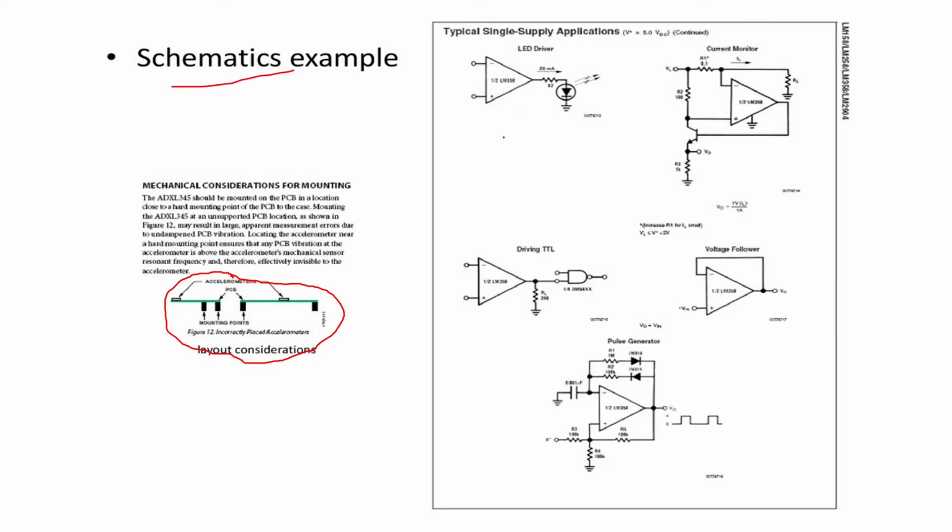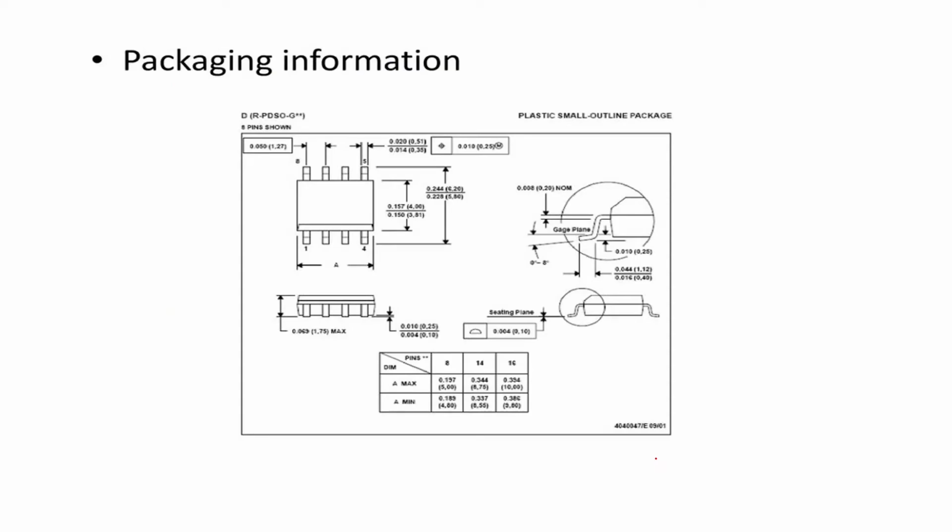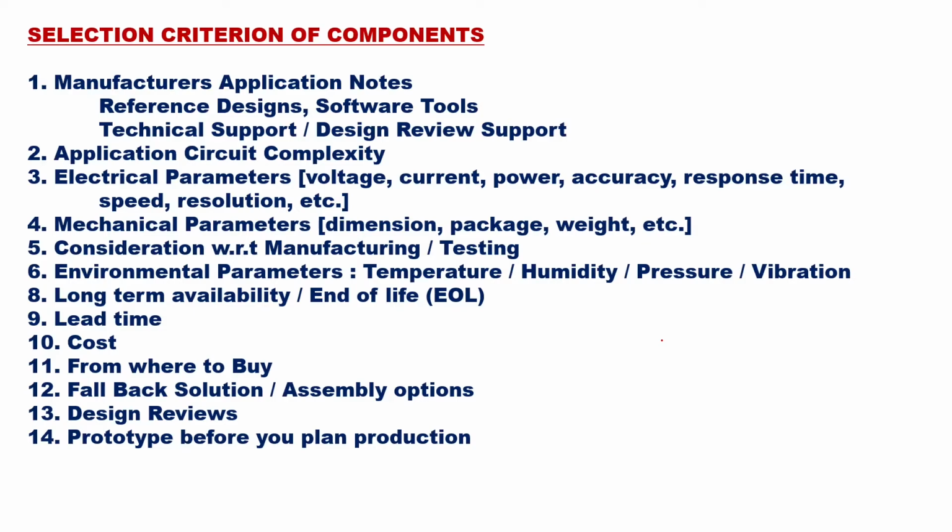Okay, so you can show some schematics, how the connections are made with that particular component or device or system. Then you can have packing information, how it is packed. Okay, so how the plastic small outline package is used to pack the particular component or device or system. Then we'll go to the next point.